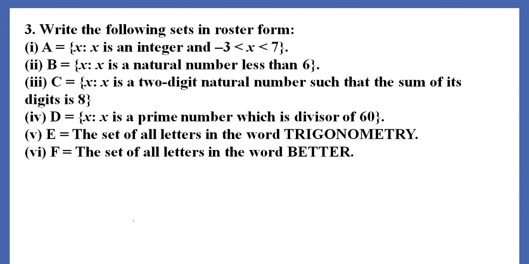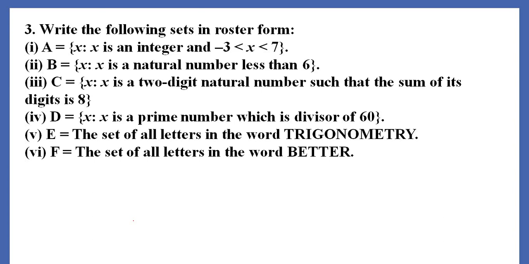Actually, in roster form of a set, the elements are listed and separated by commas, and the elements are listed within curly brackets. In roster form, each element of the set is clearly determined. That means by seeing the set you can say, okay, these elements are in the set. So we have to convert each set builder notation into roster form.